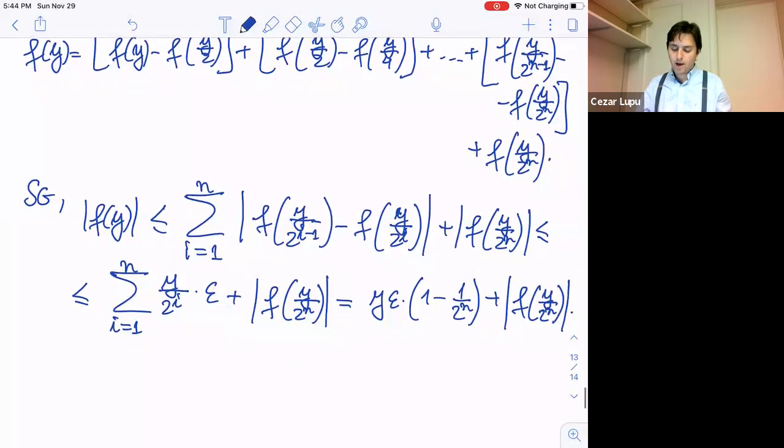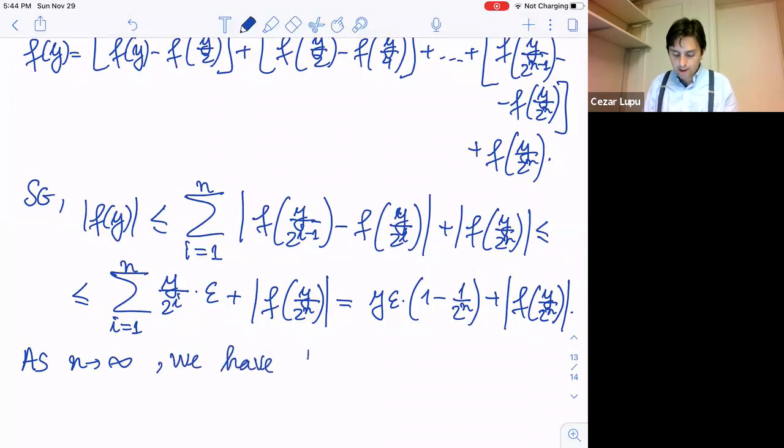Okay, beautiful. And now clearly we're going to take n to infinity. So as n approaches infinity, we have that the absolute value of f of y is less or equal than epsilon times y.